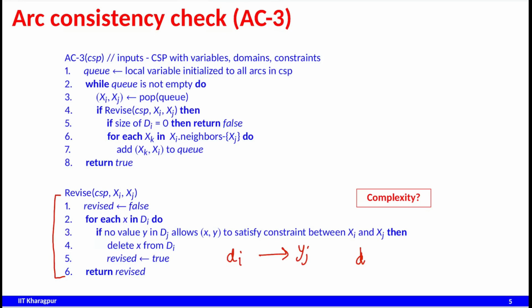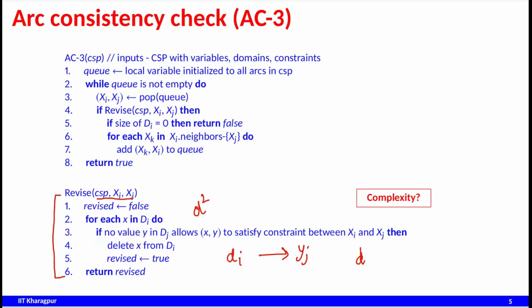So I have to check each and every pair. The complexity of revise is nothing but d squared, because when I call it, I have to check the consistency between each and every pair, so it will effectively be d squared.